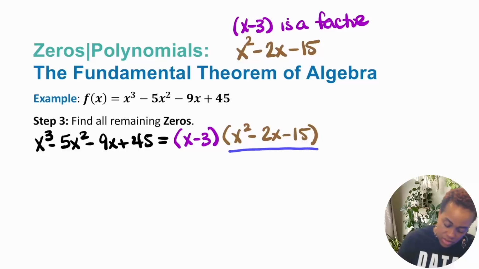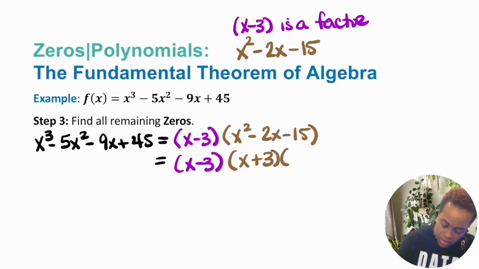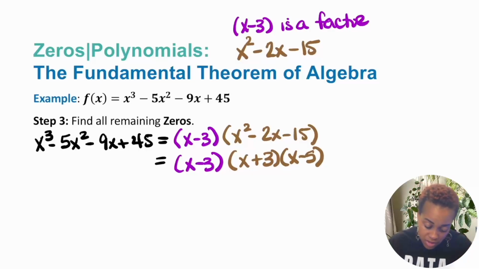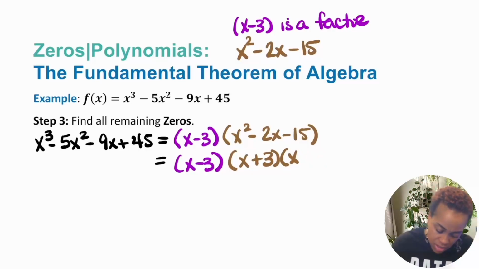We can factor this. So that's x minus 3, and then times, that's going to be what, x, 5 and 3. Yeah, x plus 3, x minus 5. Okay, check my FOIL. X plus 3 times x minus 5.